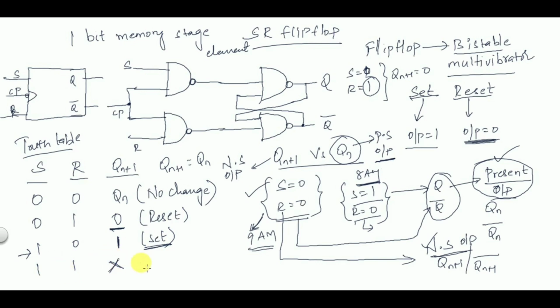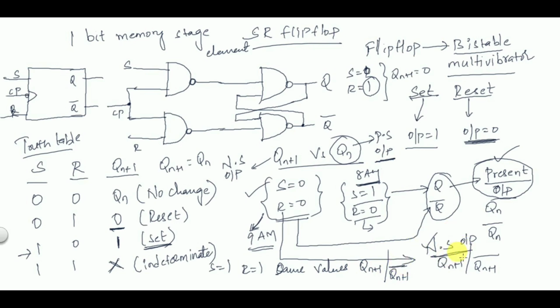When the input is S is equal to 1 and R is equal to 1, the output is indeterminate, which is a don't care condition. Why it occurs is, when S is equal to 1 and R is equal to 1, you will get the same values, either 0 or 1, for Qn plus 1 and Qn plus 1 bar.